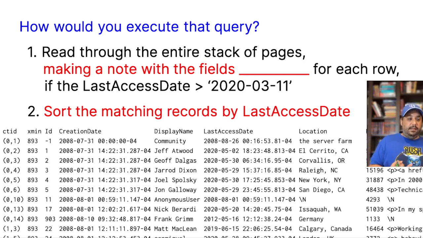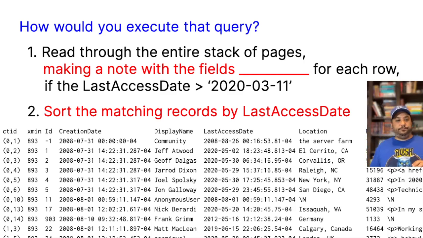It's going to write down the about me, the display name, the last access, the location. It's going to put all those into its temp files, onto its post-it notes. And then it takes all that data and sorts all of it by last access date, just like we did with just the ID, but it sorts all of those rows of data, much larger now.